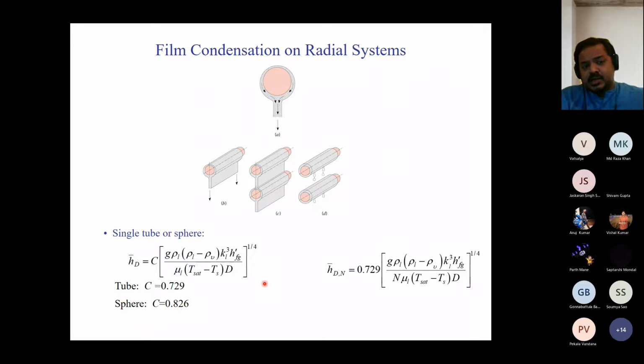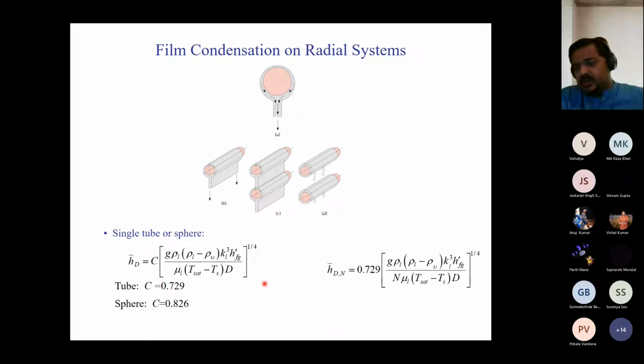It has g rho_L delta rho k_L cubed h'_fg in the numerator, and mu_L delta T in the denominator, and instead of x or L you have D. However, what changes is the coefficient that sits in front.